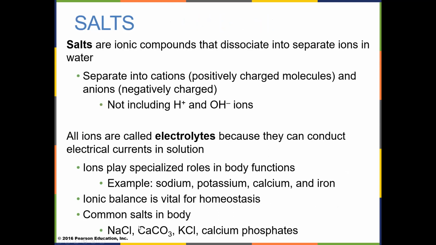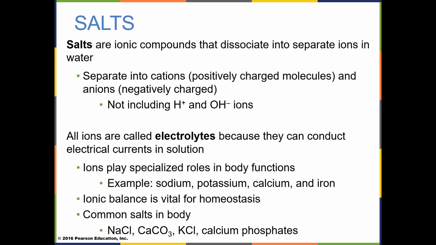Now, what about salts? I've mentioned salts a couple times here. They are ions, sodium and chlorine, for example. Salt will separate out into its cation and its anion. The most important salts in our bodies are going to be sodium and potassium because we use those in our muscle cells and our nerve cells for electrical impulses.